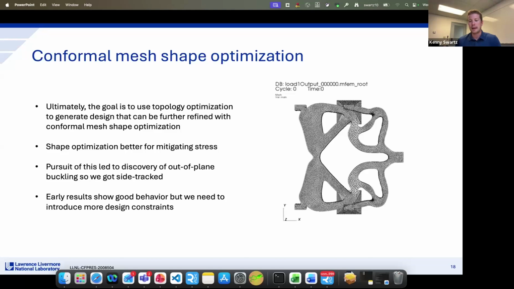Because it's going to bring a huge non-smoothness to our problem, right? When the design goes in and out of contact, you're going to have a big jump in your response. And so in the meantime, I think we would like to avoid the self-contact. We know how to do that. We just haven't put those constraints into this workflow yet.